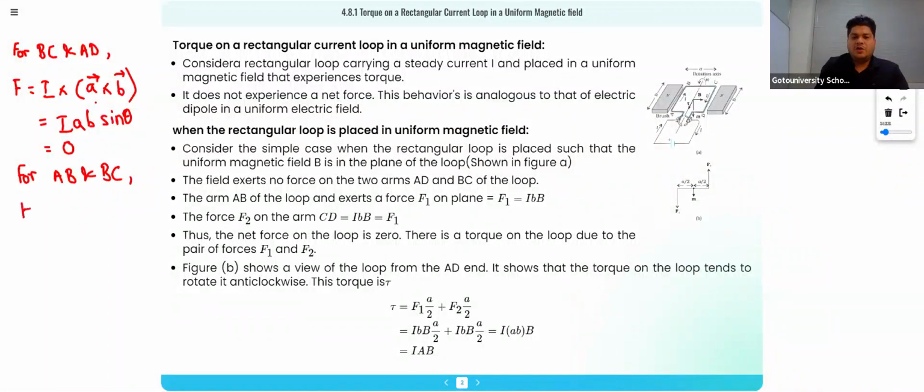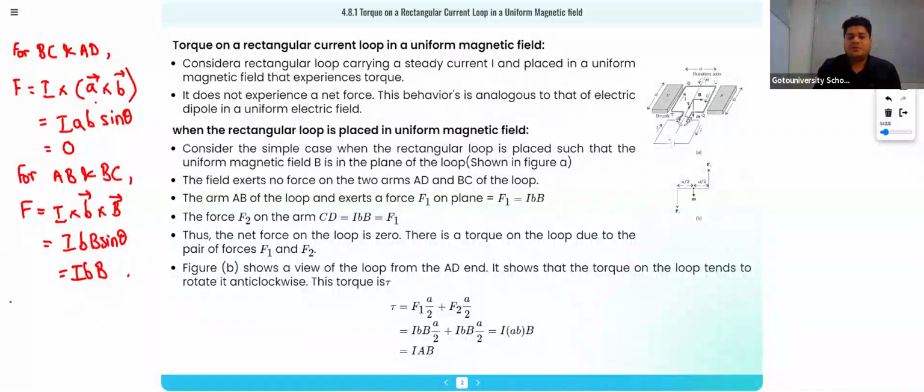You will get the value of force as I into B cross B. So this will be equal to I B B sine theta. If you check here, this B and the current are perpendicular to each other. That means sine theta will be sine 90, and this will be IBB. Okay.